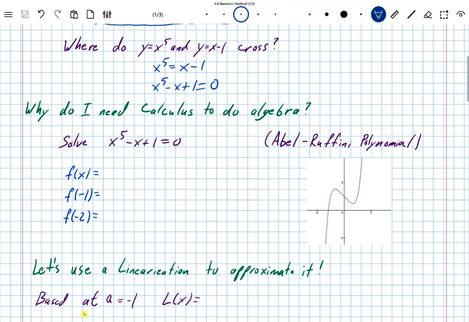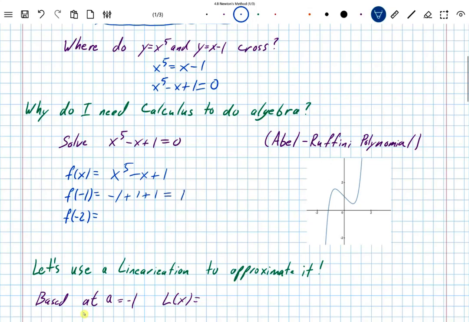We could consider the polynomial function f(x) = x^5 - x + 1, and I could ask, where are the roots? Where is it 0? I could even ask, does it have a 0? One way I could show it has a 0 is by saying, at -1, this thing is just -1 + 1 + 1, which equals 1.